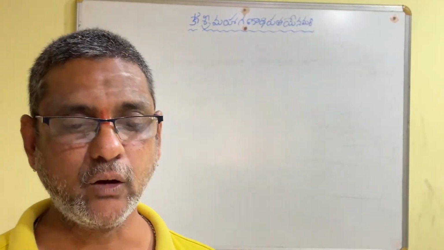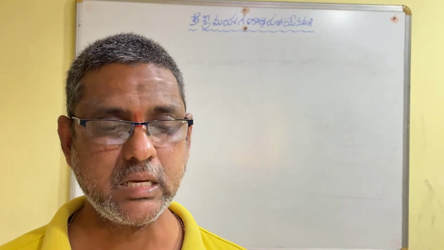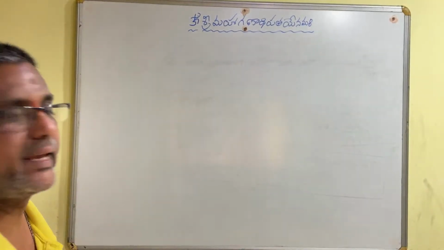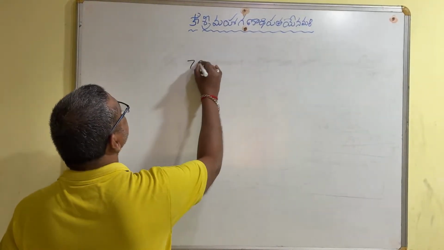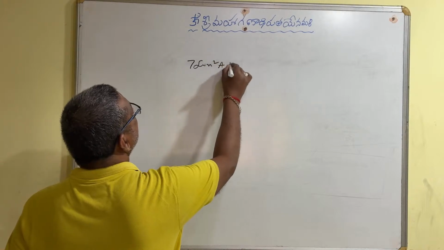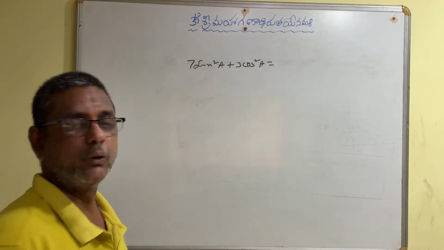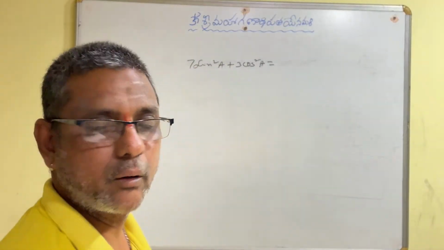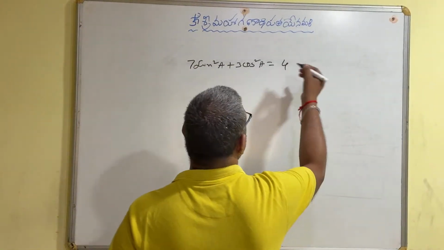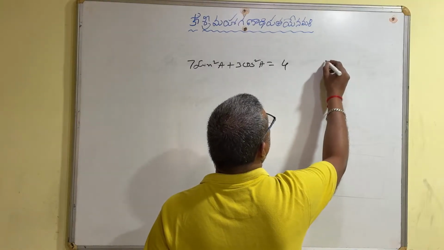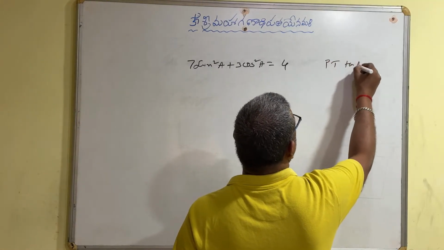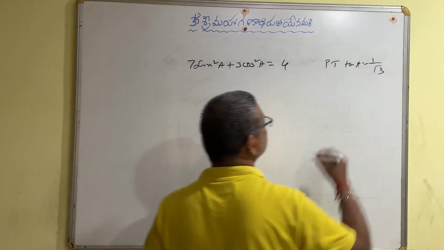Now the 22nd question. 7 sin square a plus 3 cos square a is equal to 4, and you have to prove that tan a is 1 by root 3.